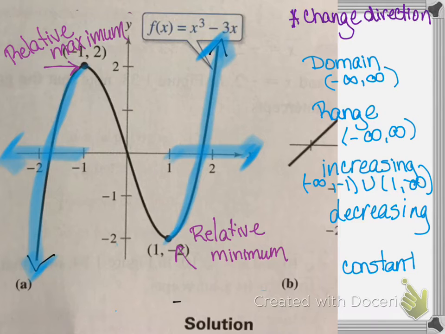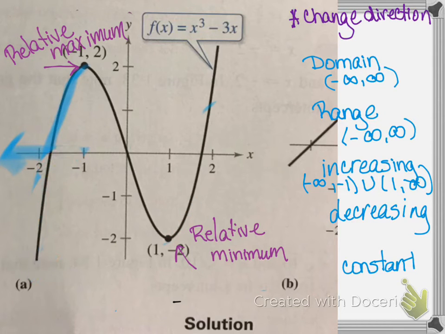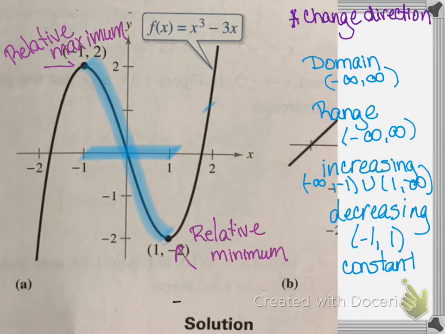Now, for decreasing, I have 1 interval that's decreasing. And it is right here. Okay? And for my number line, that is only from negative 1 to 1. So my decreasing interval is negative 1 to positive 1.